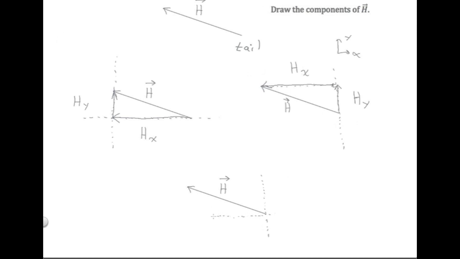These are all supposed to be straight horizontal and vertical lines. It's just tough to draw that with my drawing tablet, but that should be a line parallel to the x-axis. And then through the head of the arrow, I'm going to draw another line parallel to the y-axis, and a line here parallel to the x-axis.